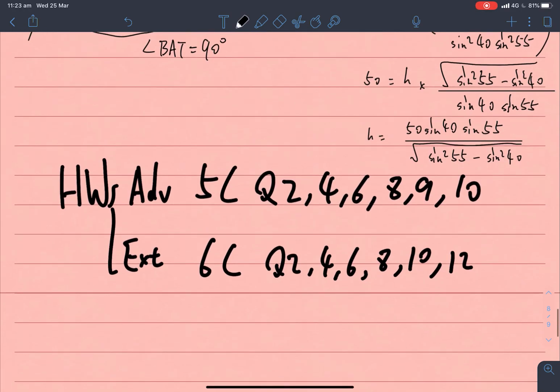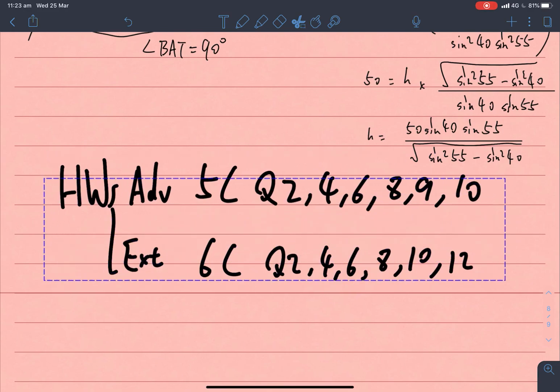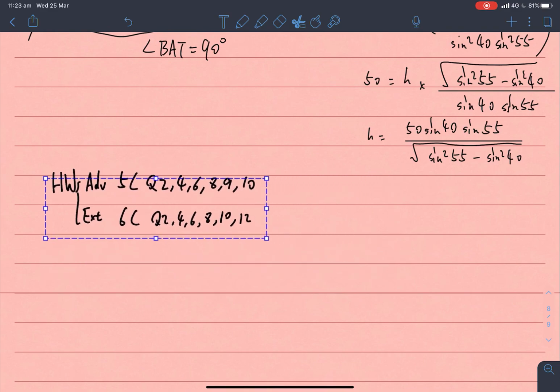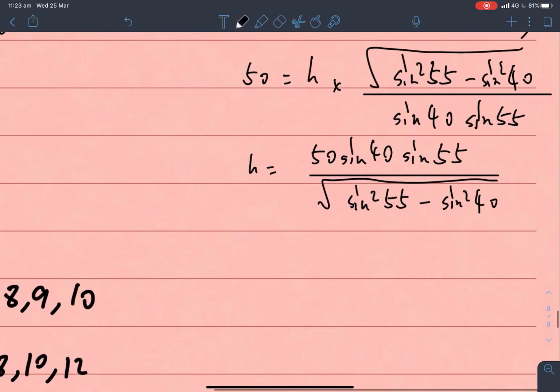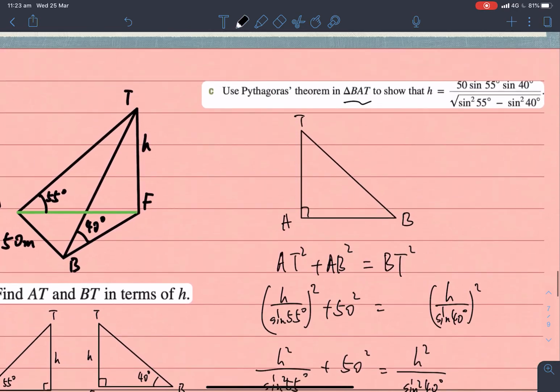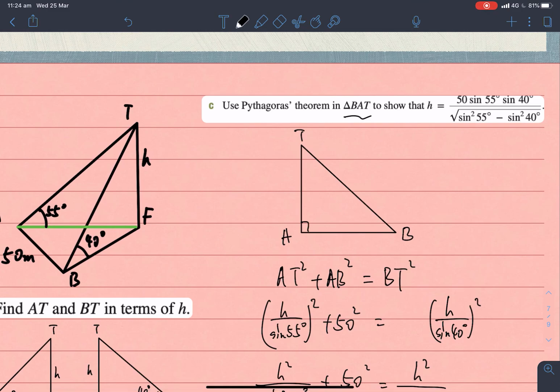I'm going to move the working down a little bit, sideways in here. Okay, so that is exactly what we were asked for.